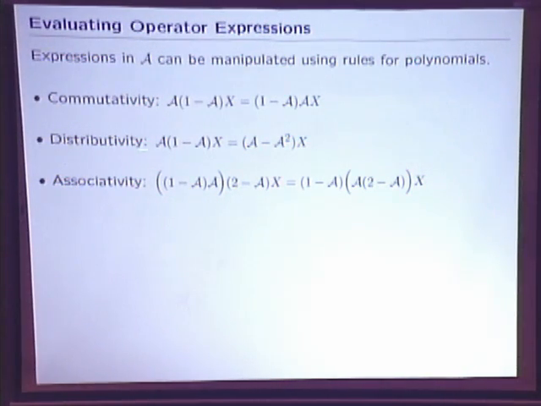They should have the distributive property, multiplication over addition. And they should associate. If you think about each of those in detail, the operations that would correspond to what you would put in a block diagram have precisely those same relations. So that's the outline of how you would go about proving something like this. But the takeaway message is that the operator expressions in A obey all the rules that you would expect from a polynomial.